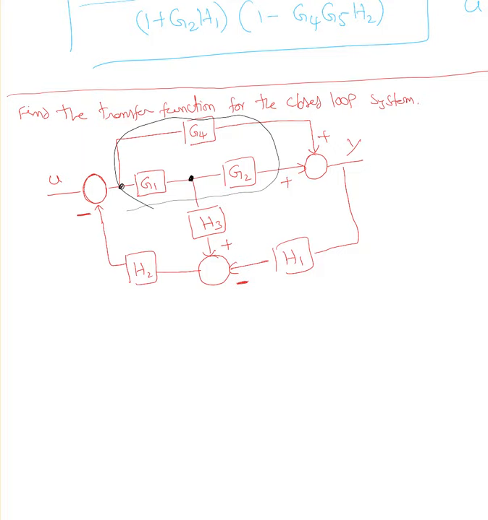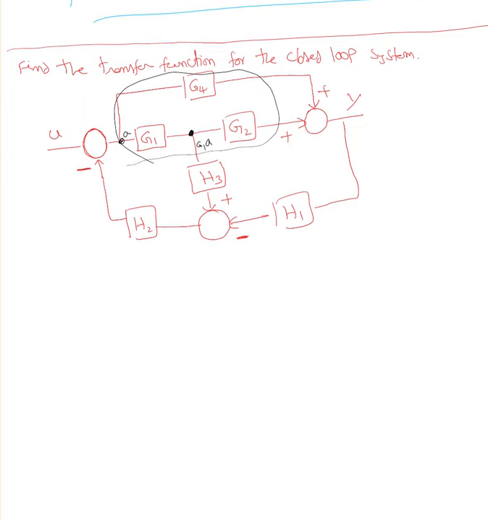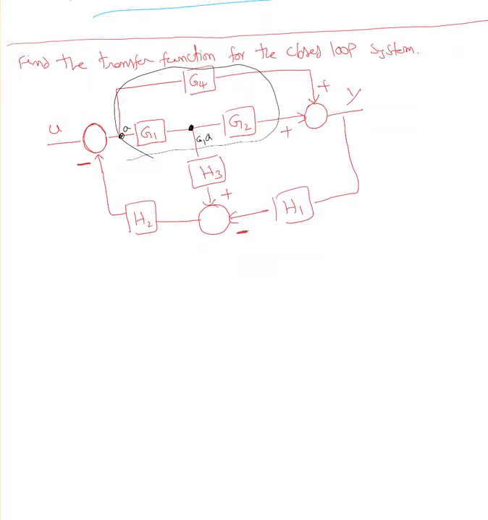Say for example, here you have A, the output here must be Z1 times A, the signal going into this. So even if I move it here, I should have Z1 times A. So I need to multiply this with Z1. So if I move it here, I will have Z1 H3 going to that summing point.